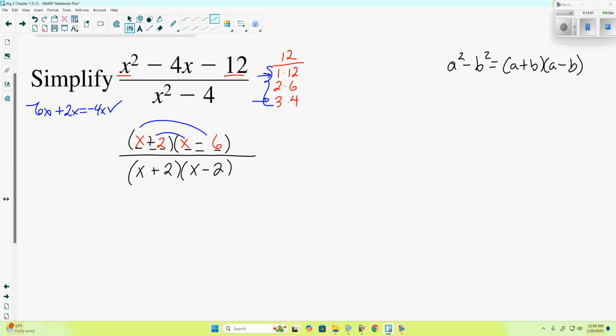Well, with 3 and 4, we would either have had x plus 3 and x minus 4, or x minus 4, x plus 3. Nothing in common on top and bottom. Same with 1 and 12. So since we got the x plus 2, x minus 2 first, it gave us a hint that one of the two sets of parentheses in the numerator had to either be x plus 2 or x minus 2 for something to simplify. It gave me a hint at what the factors of the top needed to be for something to simplify. It gives me a way to kind of get through some of the check process. This here did work.